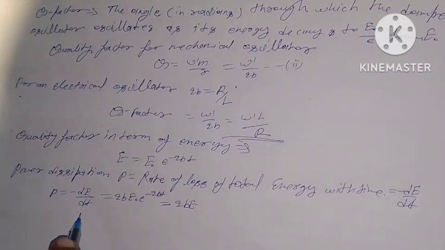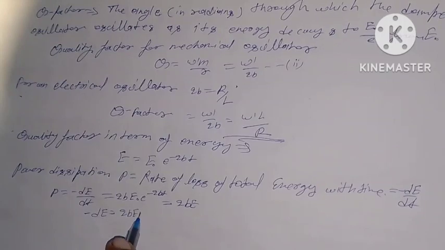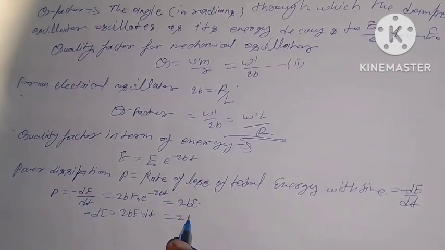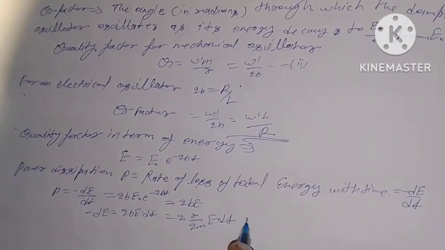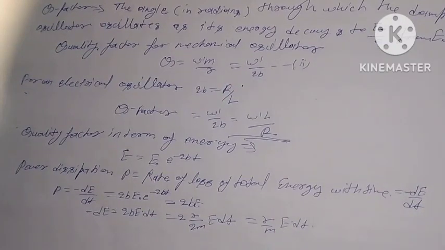So minus dE equal to 2bE dt, where the value of b is r by 2m, that is r by m E dt.